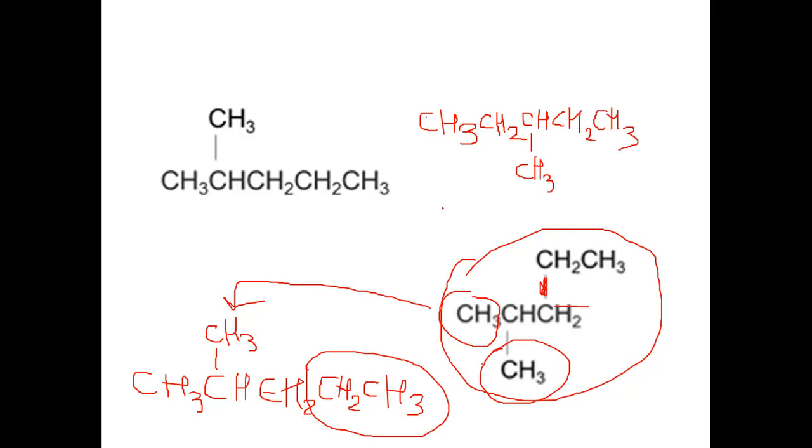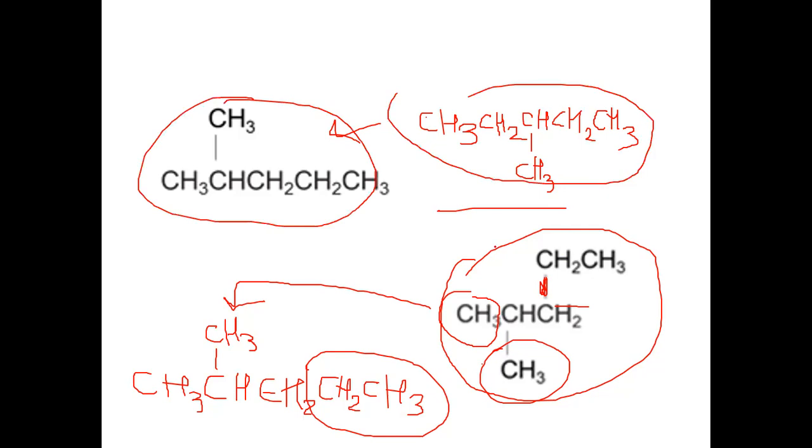So this is an isomer of this one. 1, 2, 3, 4, 5, 6. 1, 2, 3, 4, 5, 6. Now they are isomers. This and this, which means that this is an isomer of this one.